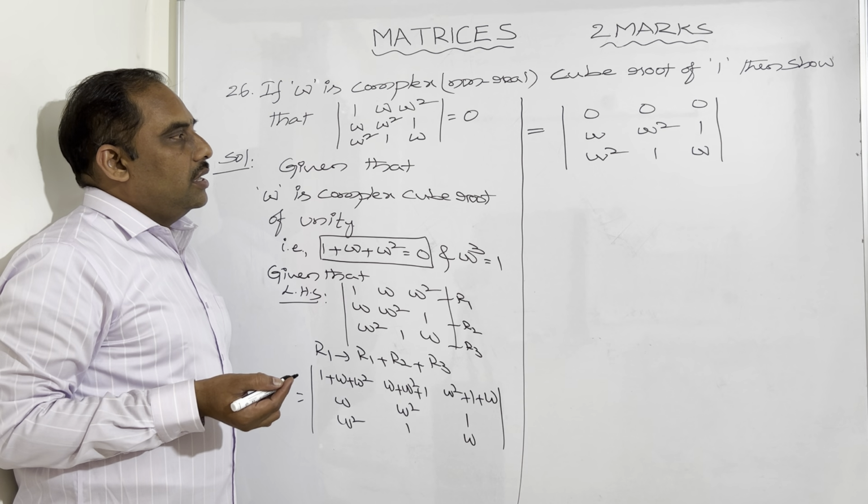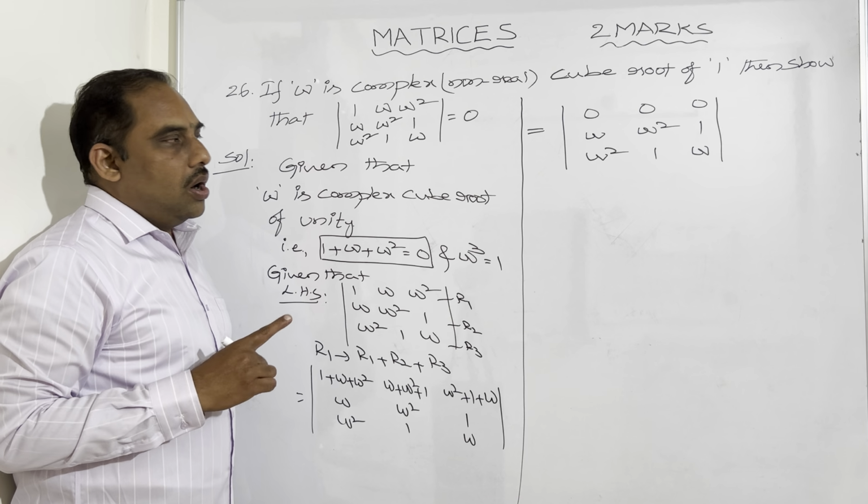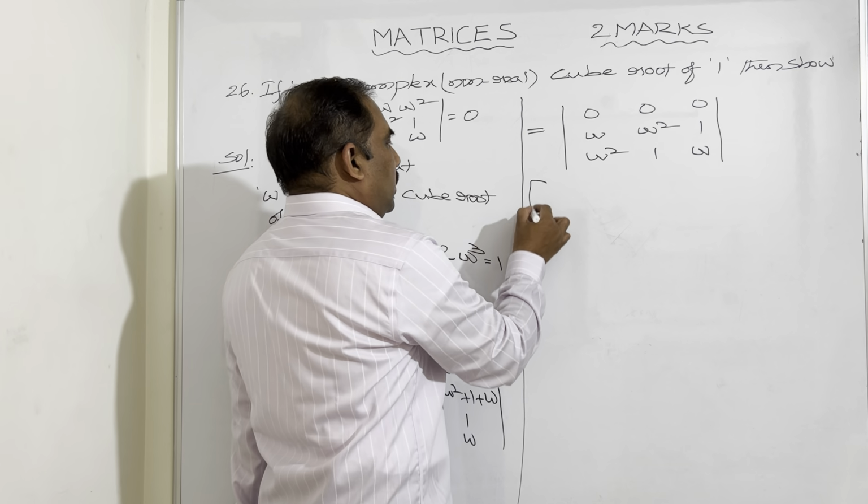So that's why in a square matrix, any row or column, all the elements are equal to 0 here.